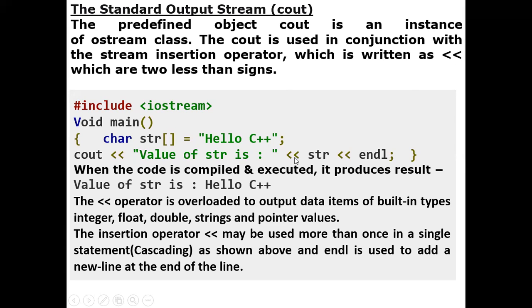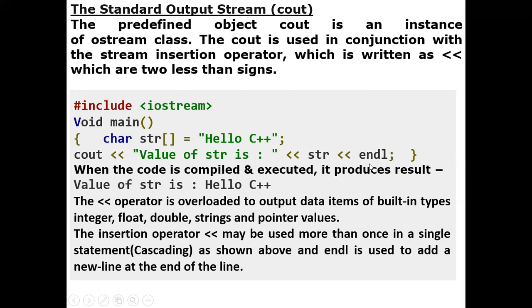Again I am using this insertion operator, because I want to display the content of str, which is hello C++. The output will be: value of str is hello C++, and after that again I am using the insertion operator to insert end of line.